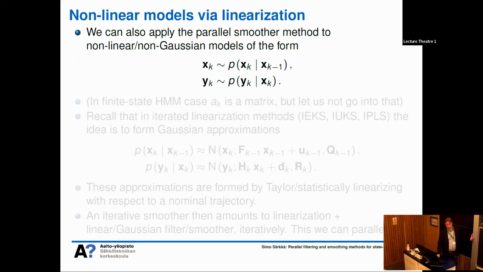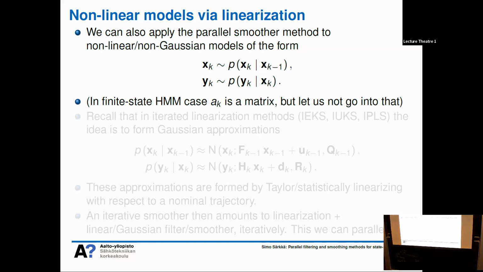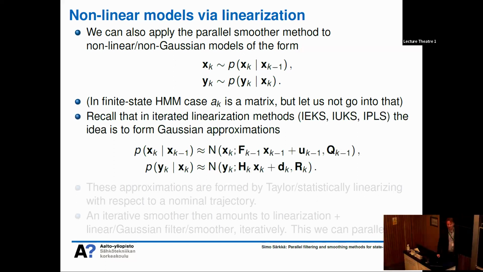And yes, the non-linear extension is a bit on the way, but linearization at least works. So if you have these kinds of non-linear, non-Gaussian models, first of all, HMM could be done, but another way to go, if you have continuous-valued states, is to linearize.